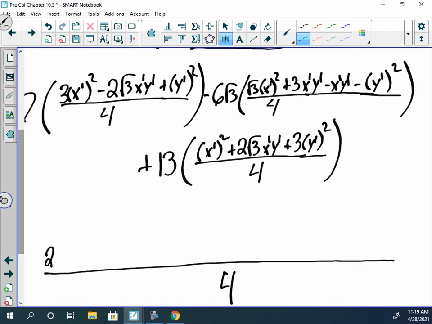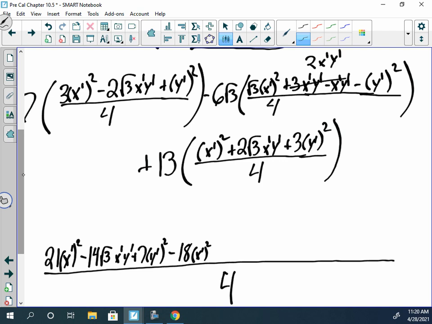7 times 3 is going to be 21 x prime squared minus 14 square root of 3 x prime y prime plus 7 y prime squared minus, well, square root of 3 times square root of 3 is 3 times 6 is 18 x prime squared, minus 12 square root of 3 x prime y prime, and then negative and negative make a positive, plus 6 square root of 3 y prime squared.